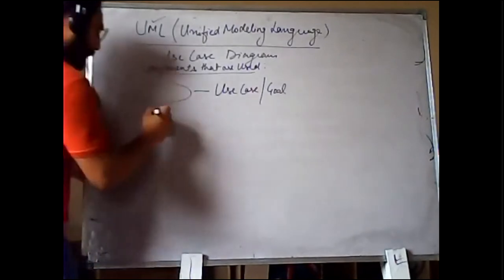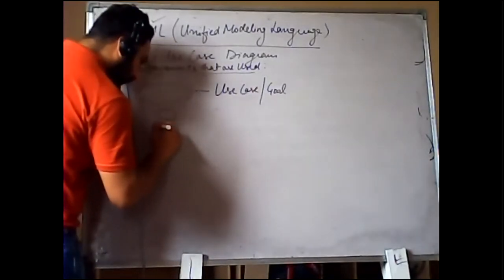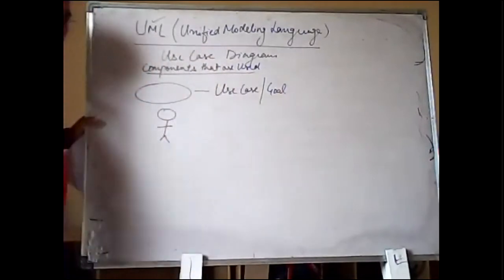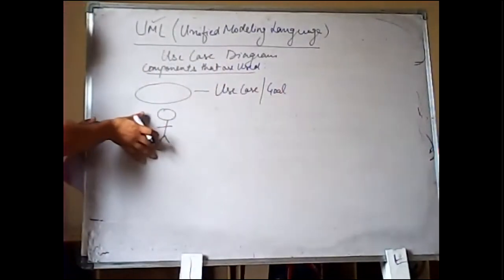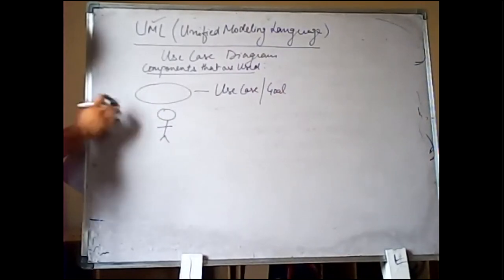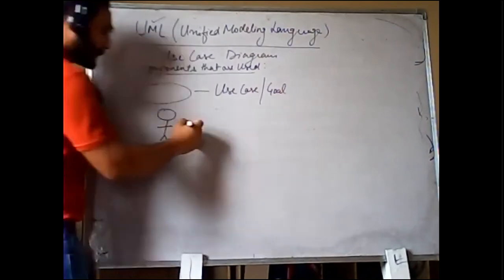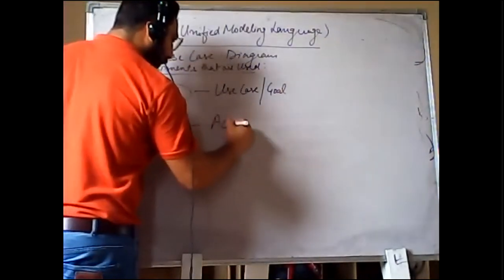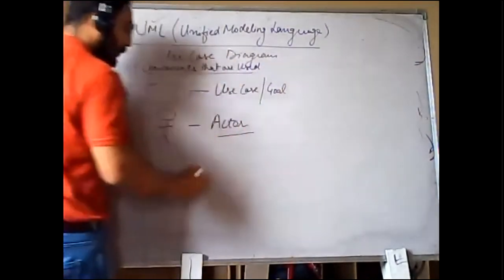Further, the second component is the actor. The picture will be shown like this in your UML interface on Microsoft. It looks like this, and the word used for this is actor.